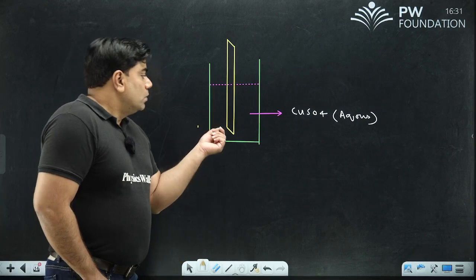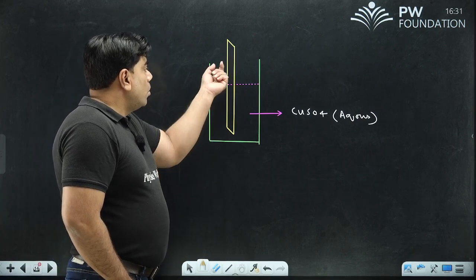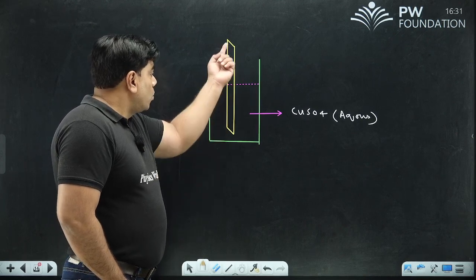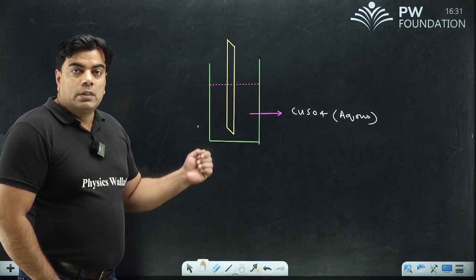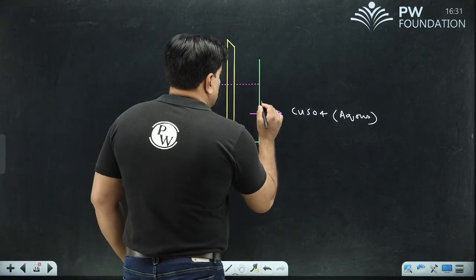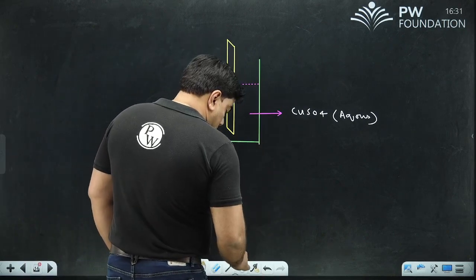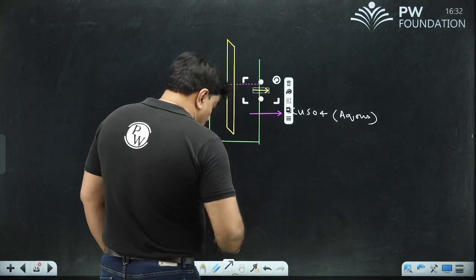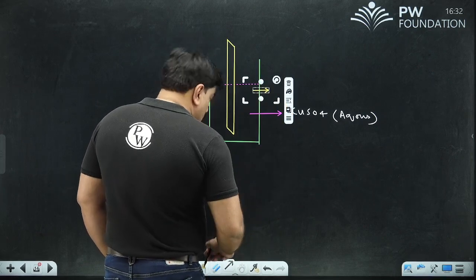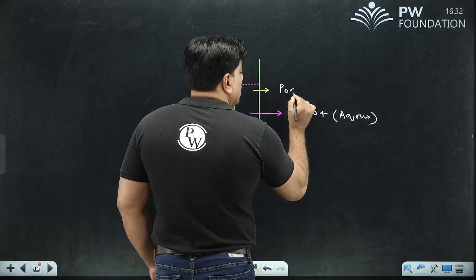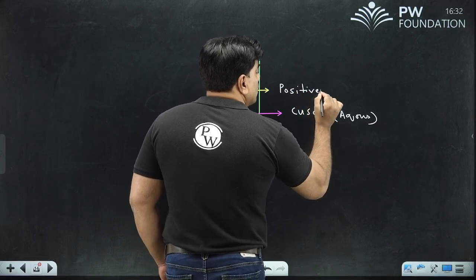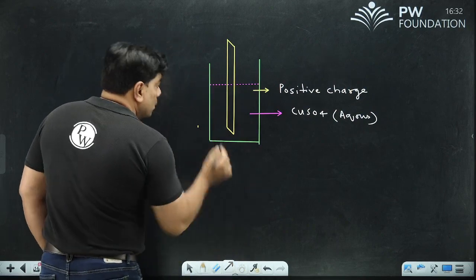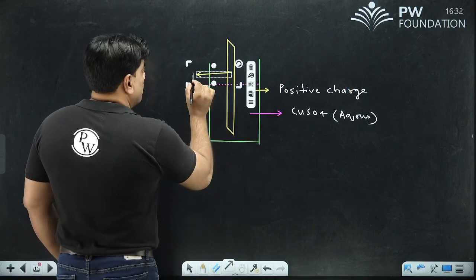Now, what actually happens? The copper electrode, or copper rod, gains negative charge, and the positive charge is gained by the electrolytic solution.